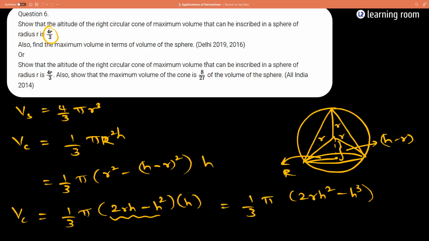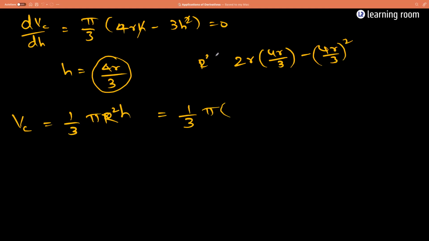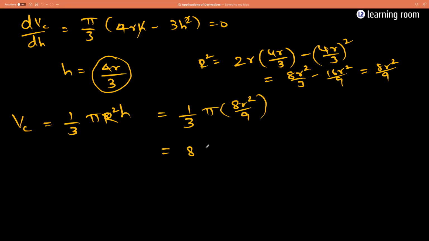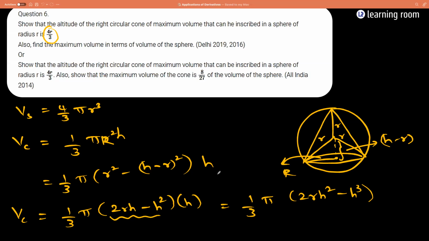So this is how much? Capital R square. It is going to be 8r square by 3 minus 16r square by 9. So it is going to be 8r square divided by 9.